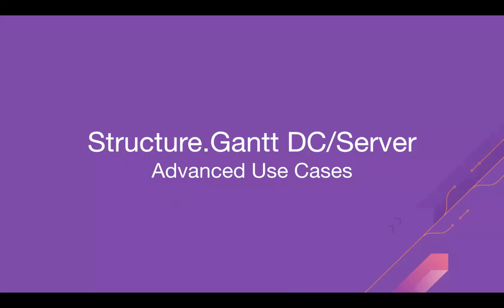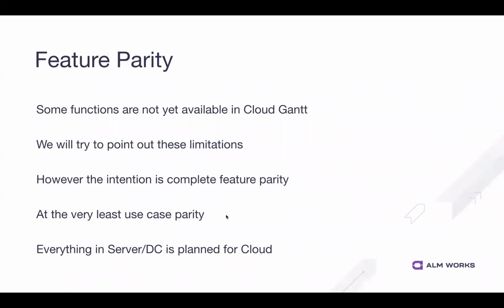So now we're going to talk about the on-prem DC server versions and what we can do over there. As I mentioned before, we do have this idea of feature parity. Naturally, some things are not available in either Structure Cloud or Gantt Cloud.